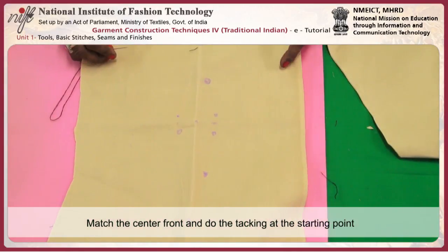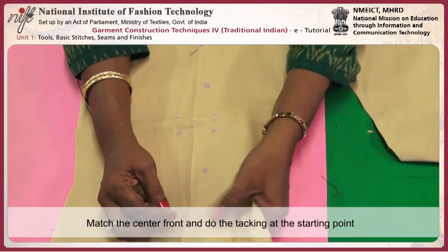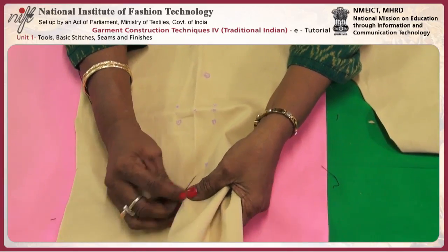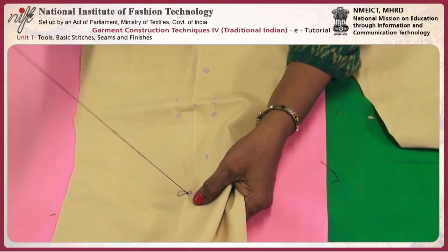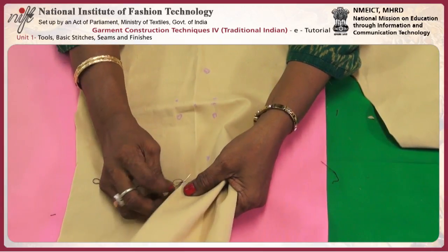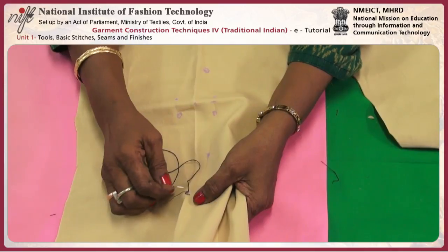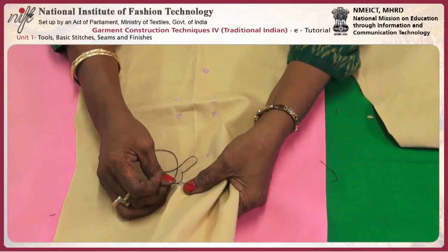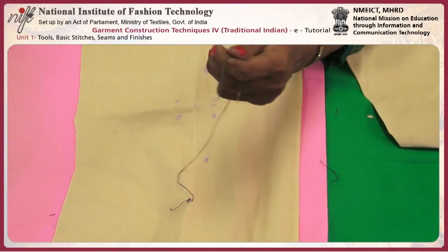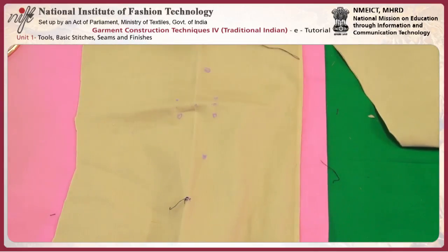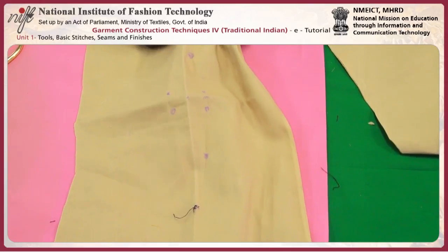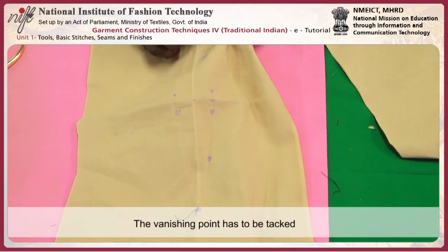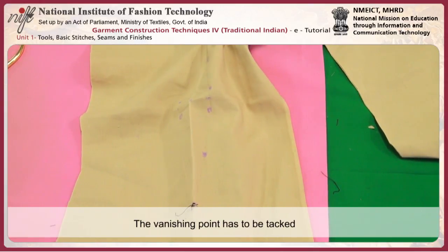Open the dart, and you have to do the tacking at the starting point, with a little bit of looseness, and then both the vanishing points have to be tacked.